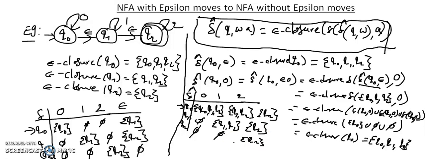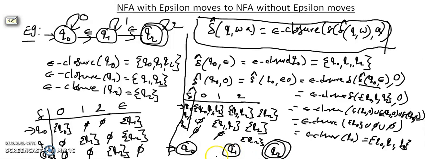Now, with the state table already completed, we have to construct a state diagram for this NFA without epsilon. The states are, the initial state Q0, next Q1, next Q2. This is the final state. So here we have to draw all these combinations.